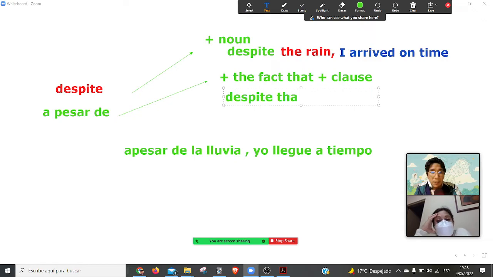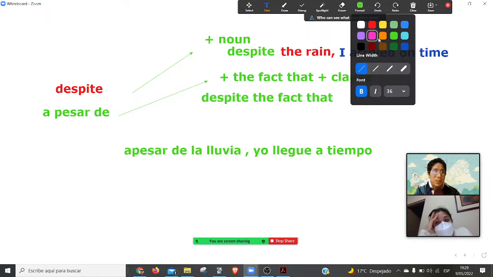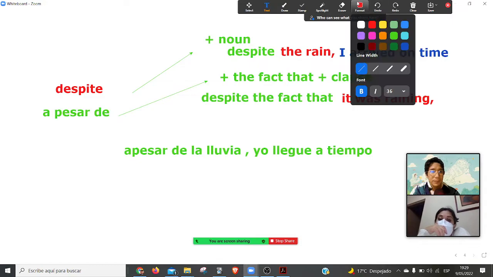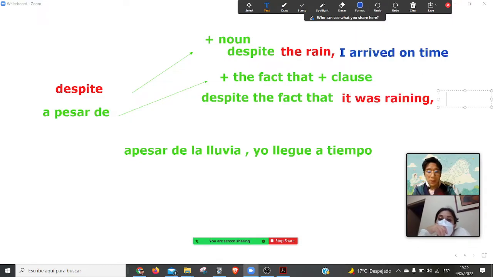I don't understand. Despite the fact that, ¿qué podrías? A pesar del hecho de que, si digo a pesar de la lluvia, ¿qué podría ser? A pesar del hecho de que it was raining. A pesar del hecho de que estaba lloviendo, coma, ¿qué digo? I arrived on time.